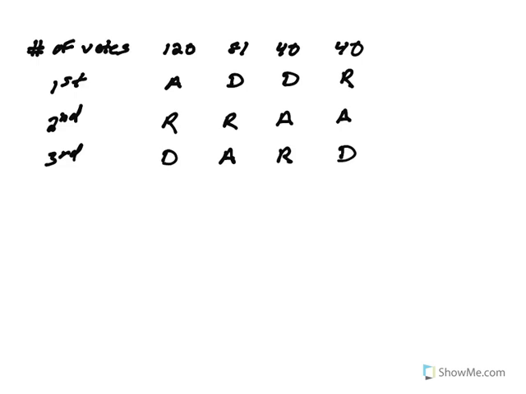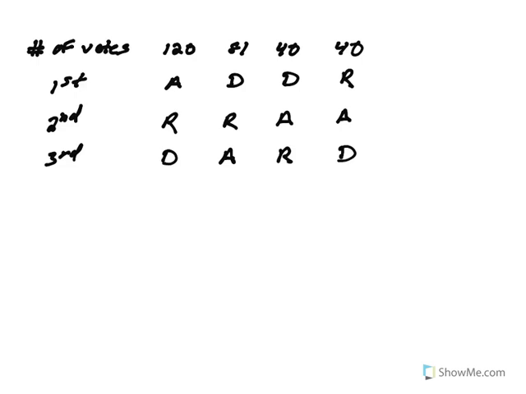Now, when you do this, you've got to choose a comparison with 2 variables. In this case, 2 letters. Do you want to compare A and D, R and D, etc.? We will decide to compare city A and R. It really doesn't matter. We're just going to choose A and R. All right.